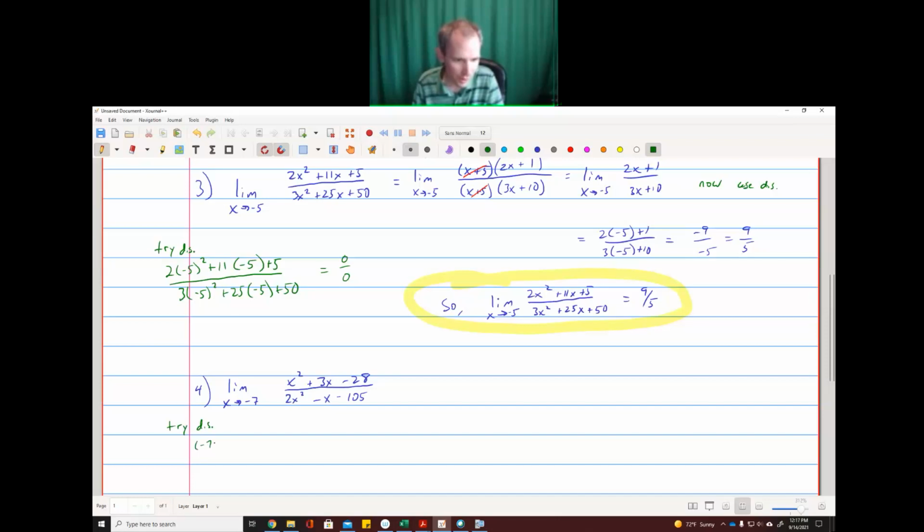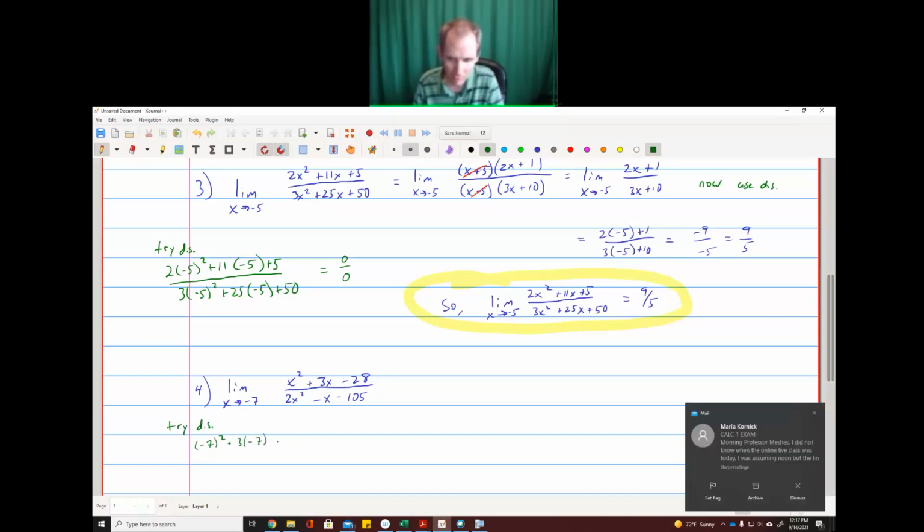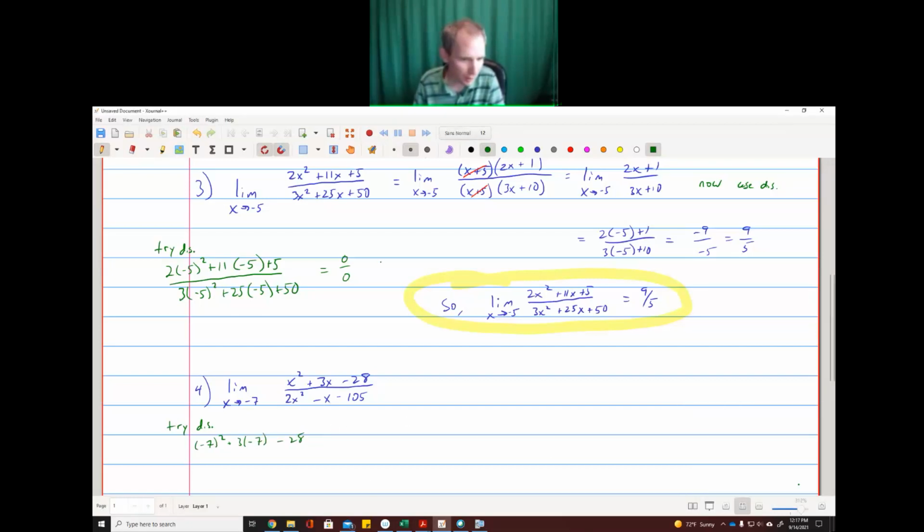So we have negative 7 squared plus 3 times negative 7 minus 28 in the numerator, and 2 times negative 7 squared minus negative 7 minus 105 in the denominator.